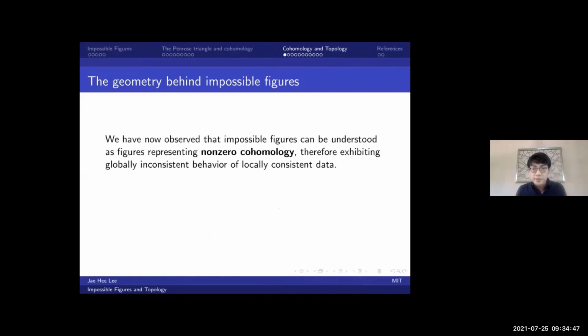So the summary of the first part of the talk was the following. The impossible figures are now, to us, examples of figures that represent this idea of non-trivial cohomology, exhibiting this globally inconsistent behavior that comes from locally consistent data.